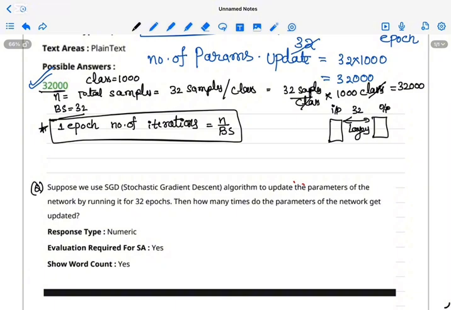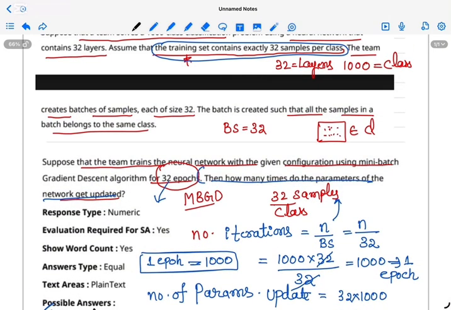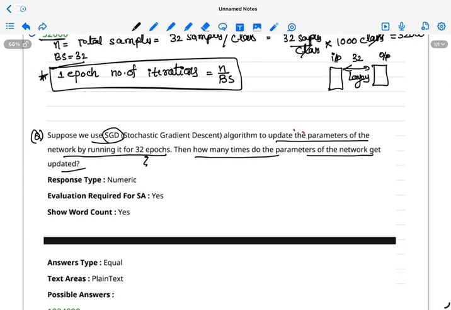If we use the stochastic gradient descent algorithm to update the parameters of the network by running it for 32 epochs, then how many times do the parameters of the network get updated? In the above question it is momentum based gradient descent, whereas here it is SGD, stochastic gradient descent.